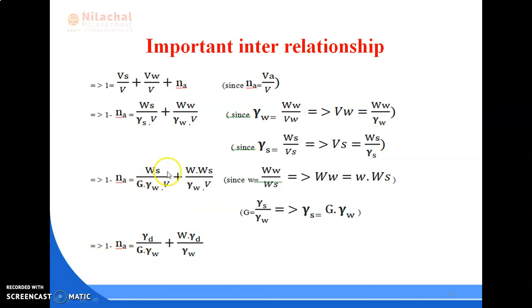So 1 minus na equals Ws by V, this term is gamma d, the dry unit weight, divided by G into gamma w, plus again Ws by V, so w into gamma d, where Ws by V is the dry unit weight gamma d, divided by gamma w.